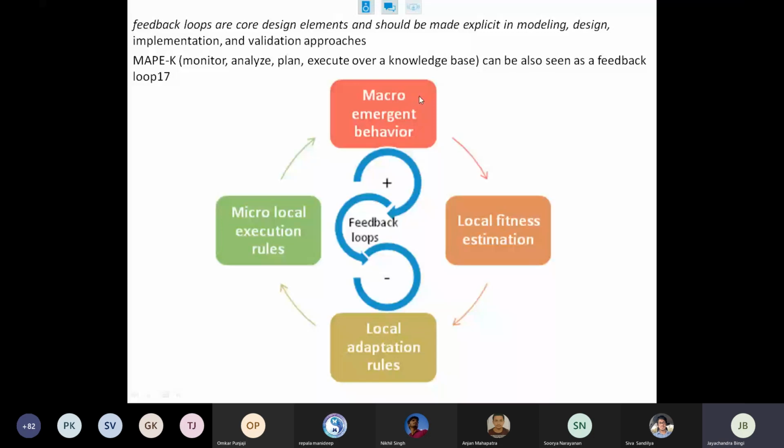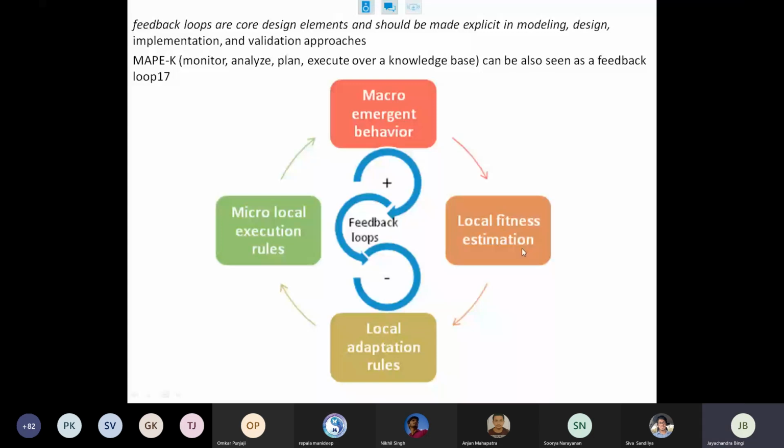That may be a dog, rat, cat, human being, or any other system, maybe an intelligent robot. What you are observing is macro emergent behavior. But this behavior is always driven by local fitness estimation. This is what I told.